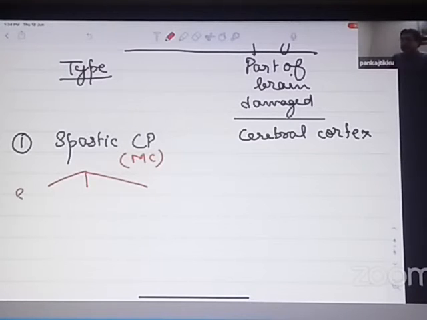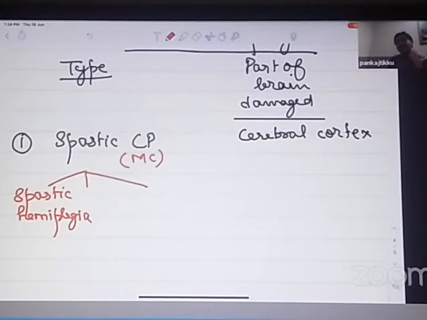One is spastic hemiplegia. As the name suggests, one half of the body has increased tone. So the arm and leg of one side have increased tone, but the other half of the body is normal.